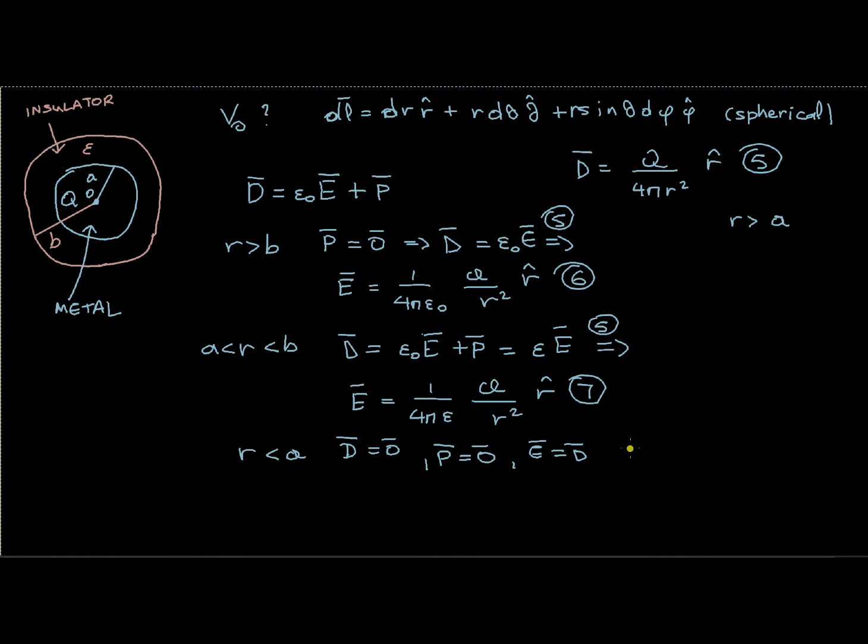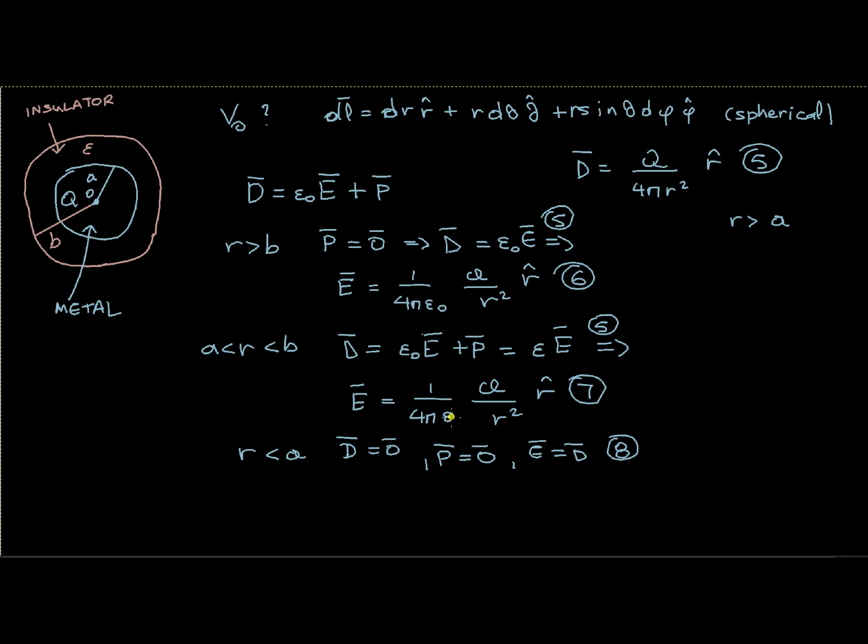So what I was looking for from all of this work is the electric field. Let's call this equation 8. So I have 3 expressions for the electric field. It is 0 when you are inside the metal sphere.